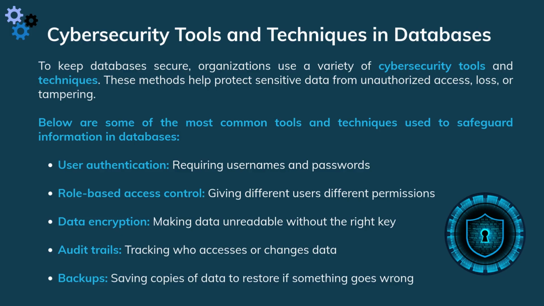Data encryption, which scrambles data so it can't be read without a key. Audit trails, to keep track of who did what and when. And of course, backups, to ensure data can be recovered if something goes wrong. All of these layers work together to keep data safe.